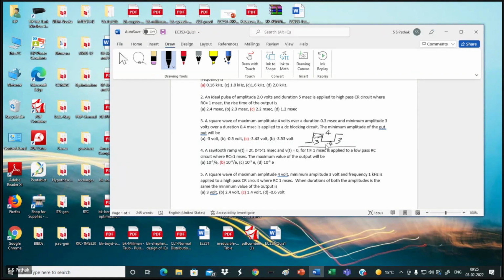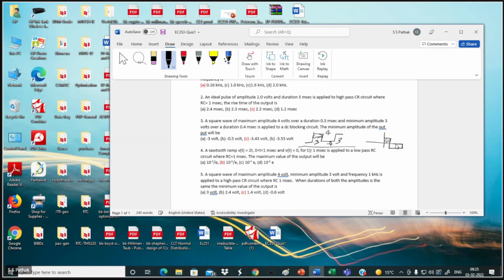I think you have seen during the discussion hour that when the output comes, whatever way it comes, the output would come like this. This is my T. This is my V naught.